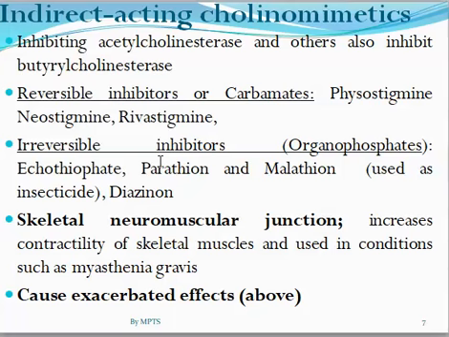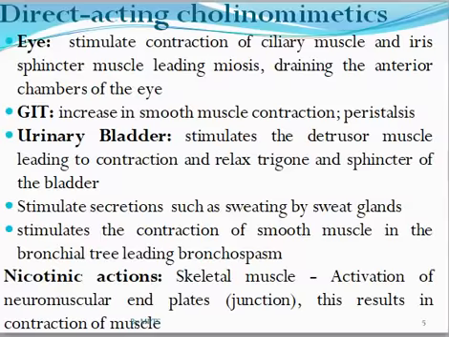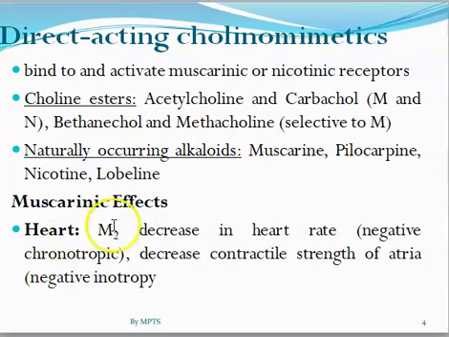Now, what are the effects of these cholinomimetics? Remember, at the skeletal muscle, they increase contractility, and can be used in myasthenia gravis. However, the other effects are those above in indirect acting, because they increase the acetylcholine at the receptors.